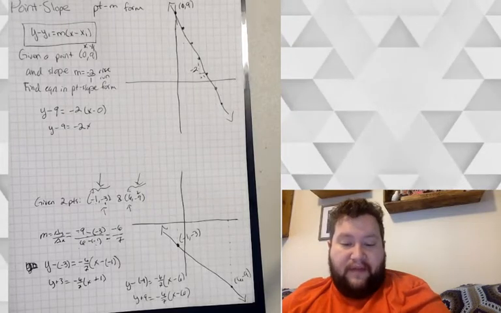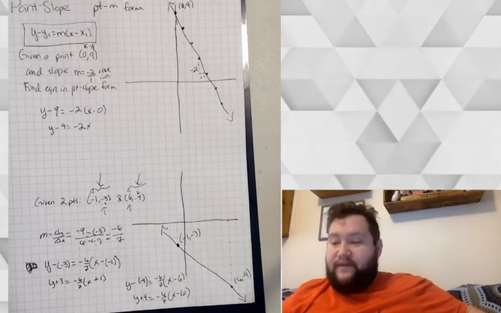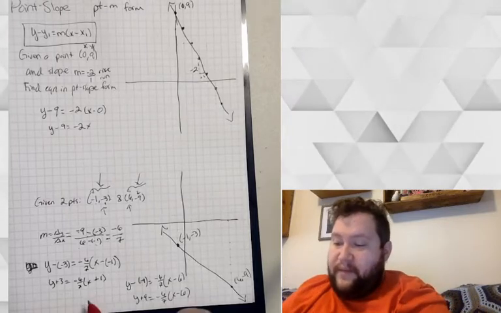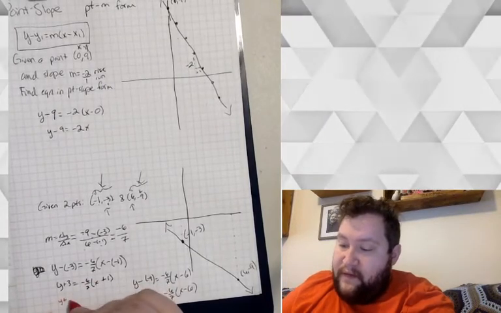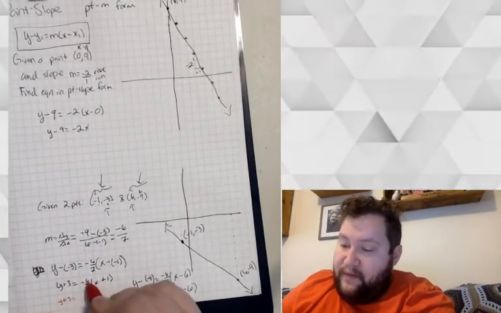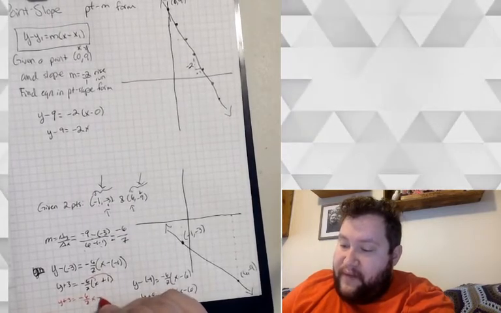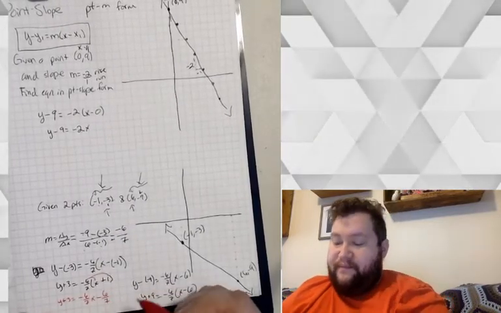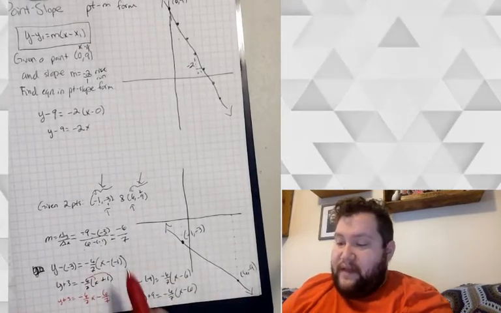And when we get to slope-intercept form, we can see why those are equivalent. So let's go ahead and rewrite this as slope-intercept form. So we have y plus 3 equals, distribute this, negative 6/7 x minus 6/7. And then we're going to have to go ahead and subtract that 3 over.